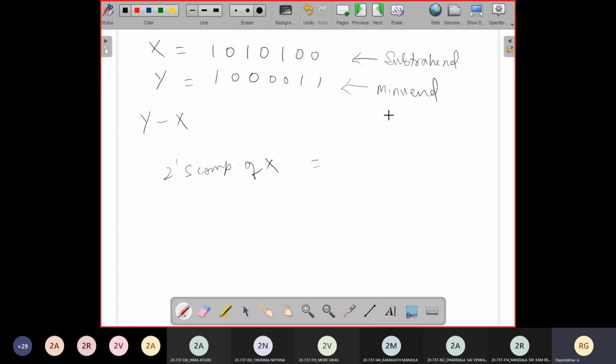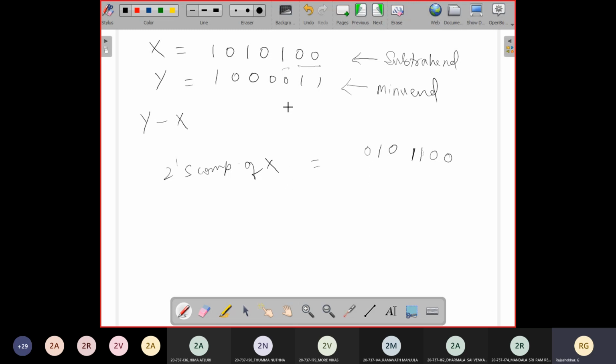So 2's complement of x, how do you write? I am writing directly. So leave all least significant zeros unchanged. There are 2 least significant zeros. So those zeros I keep as they are. The first one unchanged, the first one also I keep as it is. Remaining, you just take the alternate. So 0 becomes 1, 1 becomes 0, 0 becomes 1 and finally 1 becomes 0.